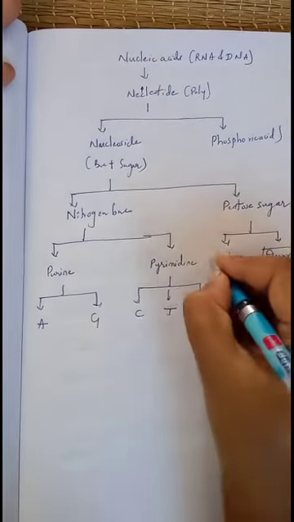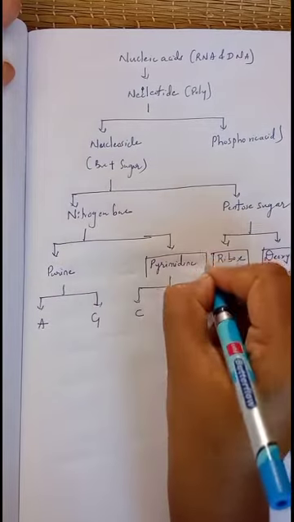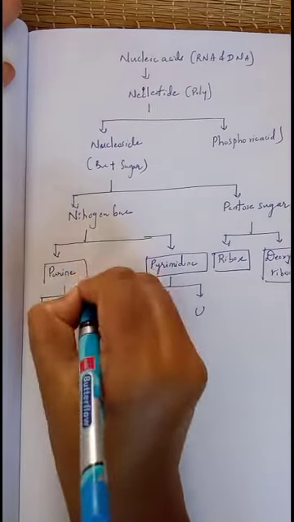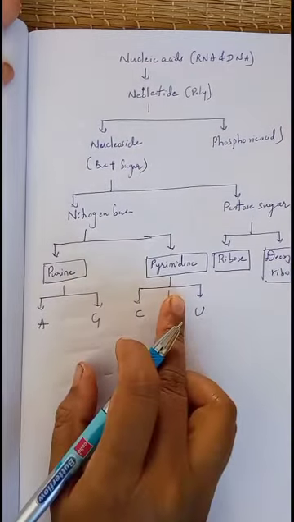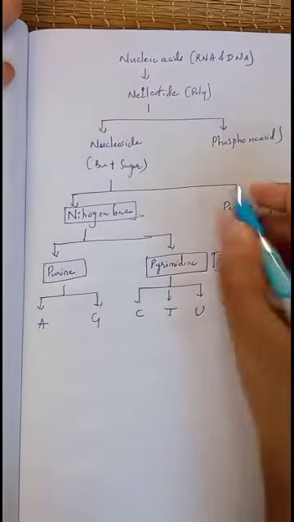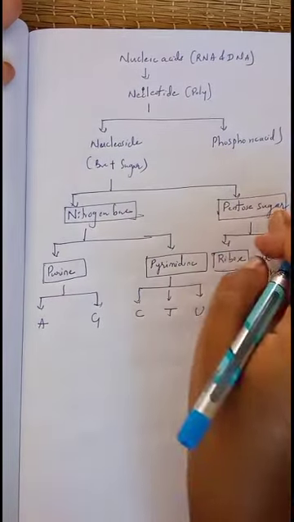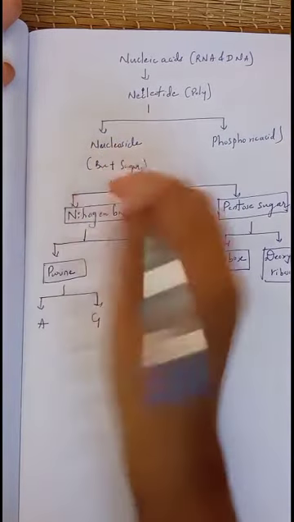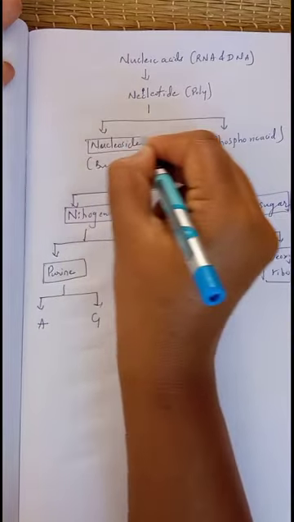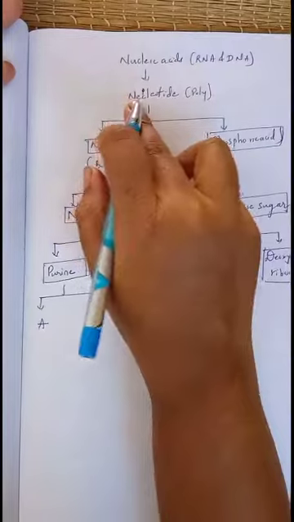Deoxyribose is present in DNA, ribose sugar is present in RNA. Pyrimidines and purines are the nitrogen bases which are present in both DNA and RNA. When nitrogen base and pentose sugar are combined, they give nucleoside. When this nucleoside is joined by phosphoric acid, it is converted into nucleotide.